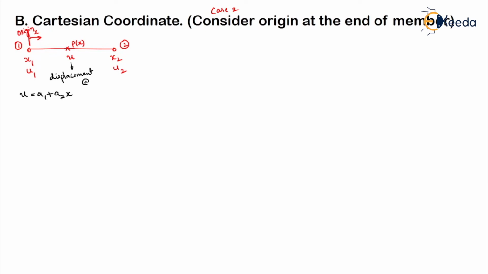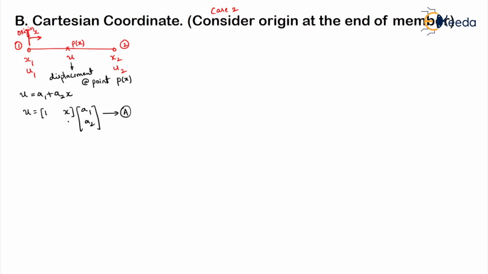Now if you want to write it in matrix form, how will you write? [1 x] you will take common, and here you will write a1, a2. Now we will call this equation A.